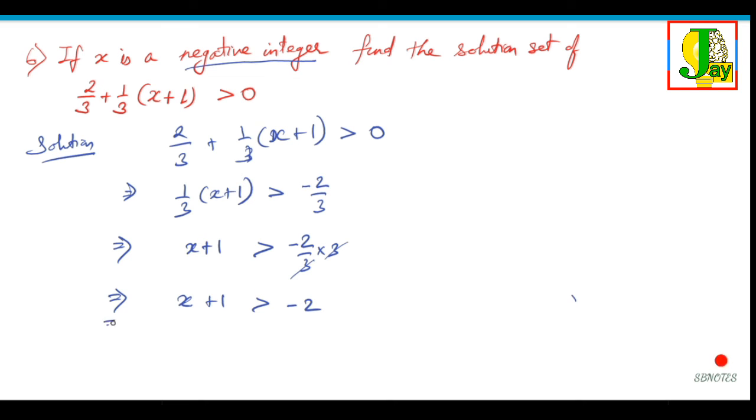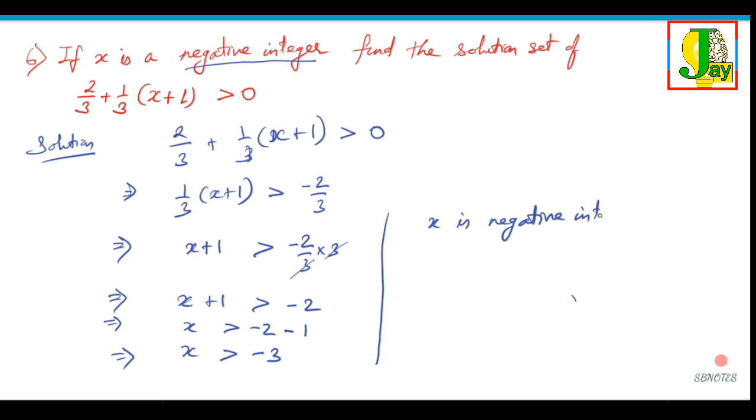Now again transferring this plus 1 to this side, minus 2 minus 1. So x is greater than minus 3. Now we need to write the solution set. Okay, so our replacement set is x is a negative integer, and hence the solution set.